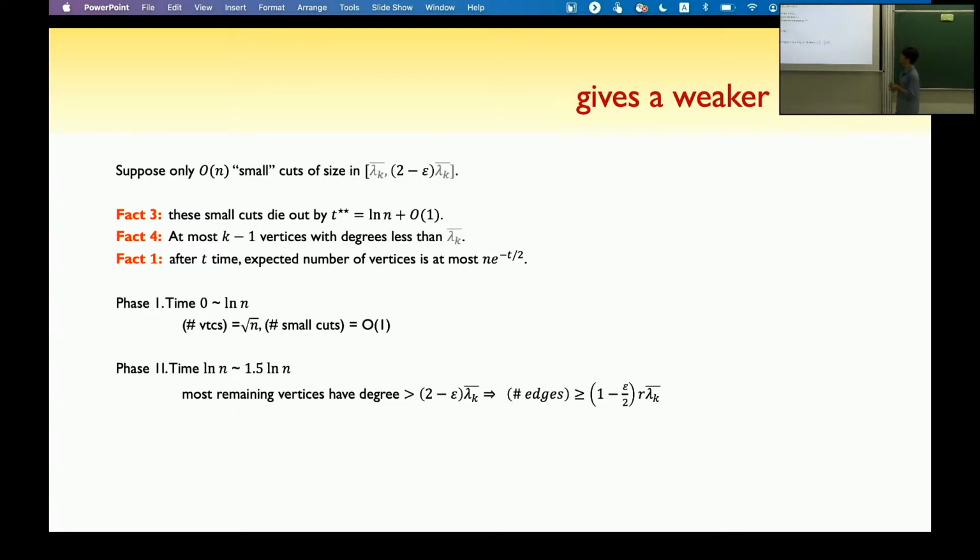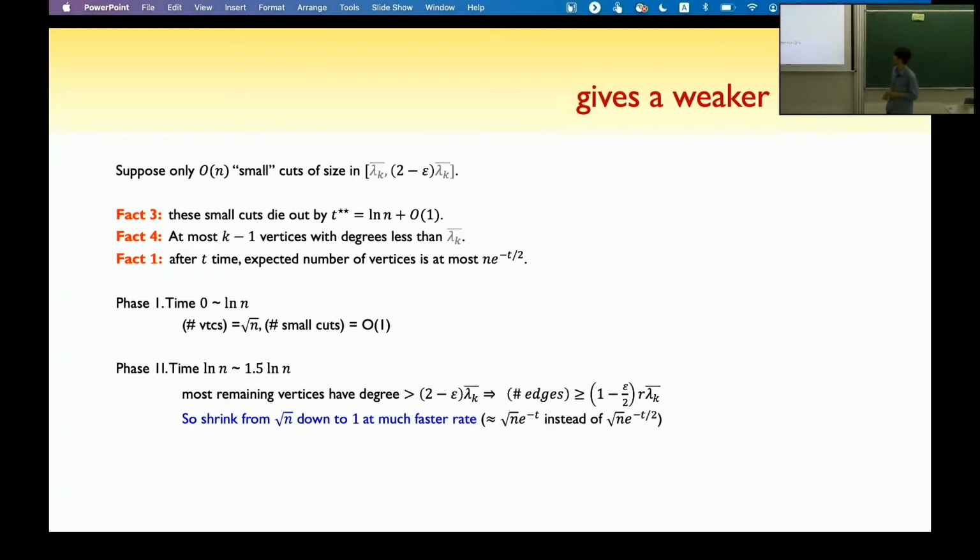So with this degree bound, the number of edges is a factor 2 more than what we used before, which implies that the rate of decrease in the number of vertices will be twice as fast in the exponent. Okay, so the number of vertices will decay like root n times e to the minus t, instead of e to the minus t over 2.